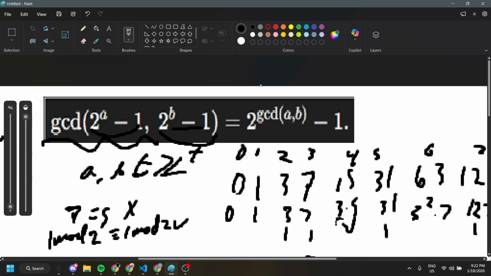LCM times GCD equals the numbers multiplied together. But there's no inverse operation of GCD, which would make sense, I think. That's an information-losing operation, so it's hard to have an inverse of it.